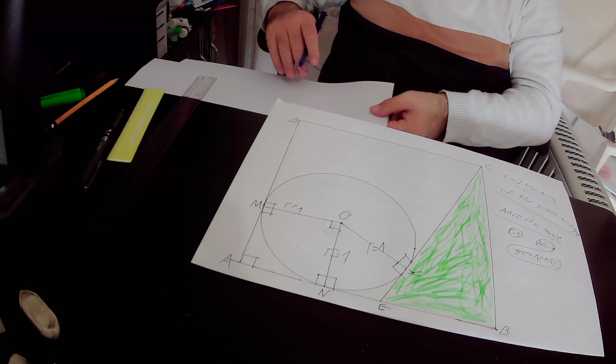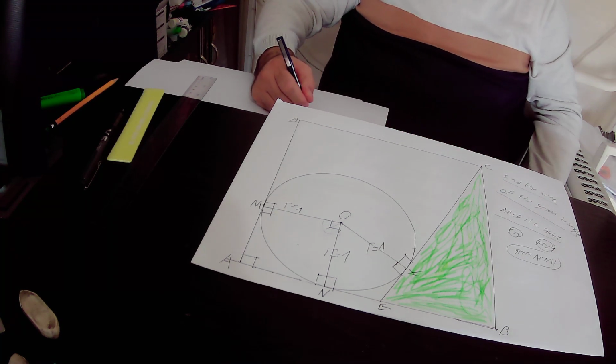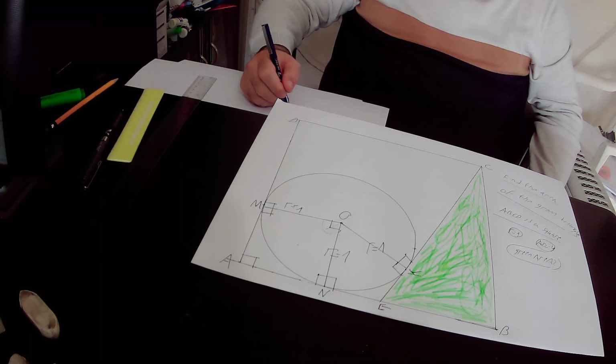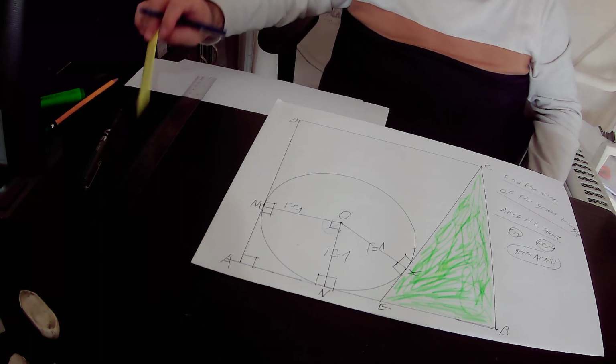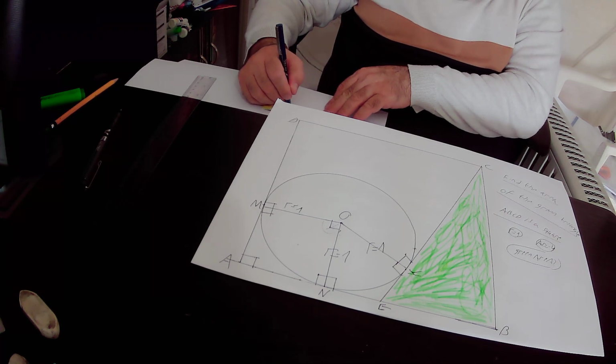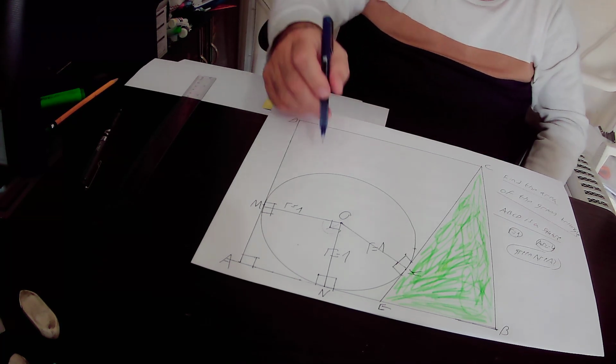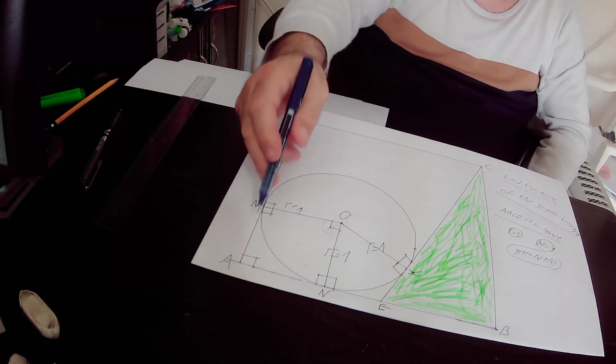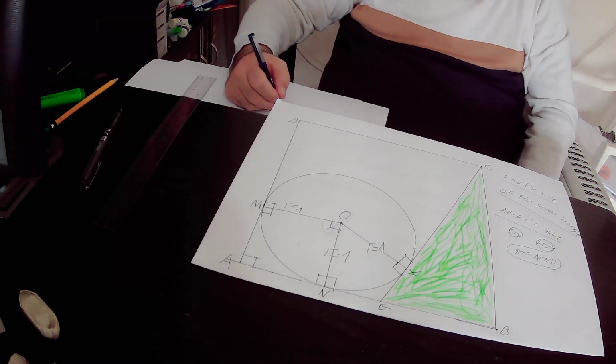In rectangle MOAN, the opposite sides are equal to each other. That is to say, MO equals AN according to rule number 4.